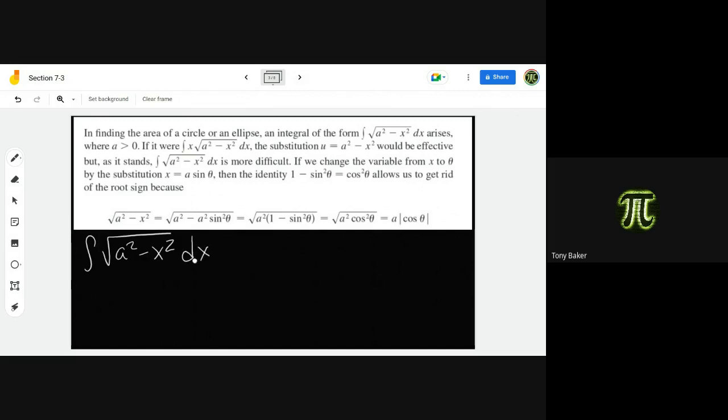Actually, I'm going to change the a to a number just to make this a little easier so people can see. So if I wanted to find the integral of that, if you looked at that, what would be one of the first things that you'd want to try to do?